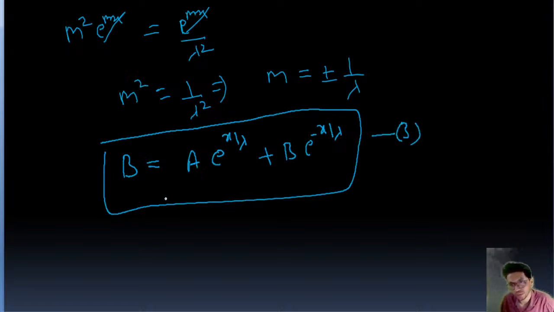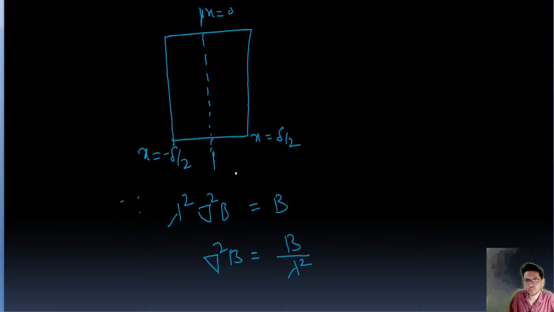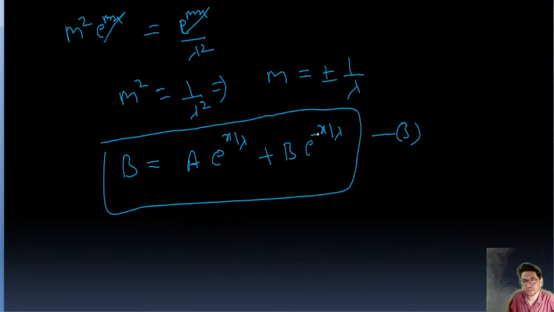So now we'll get the values of A and B, and for that we'll use the boundary condition here. At x equal to minus delta by 2 and at x equal to delta by 2, this value of b is going to be b naught.